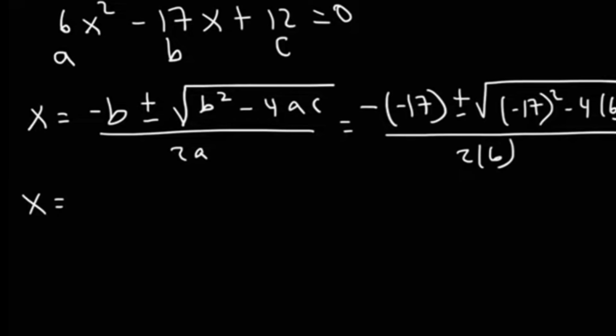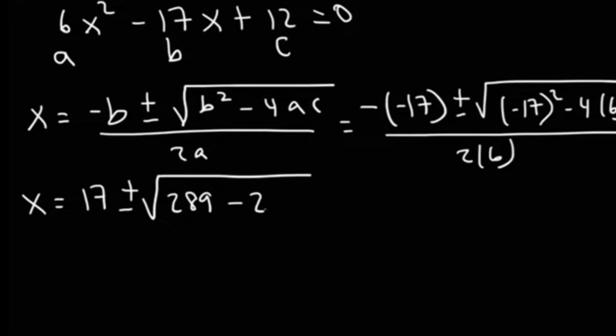Negative times negative 17 equals positive 17, plus or minus the square root of 17 squared, which equals 289, minus 4 times 6 times 12, which equals 288. 2 times 6 equals 12.